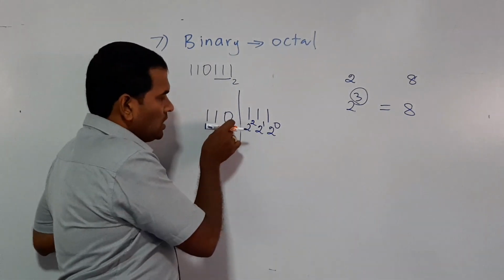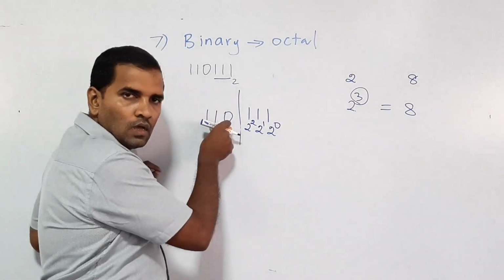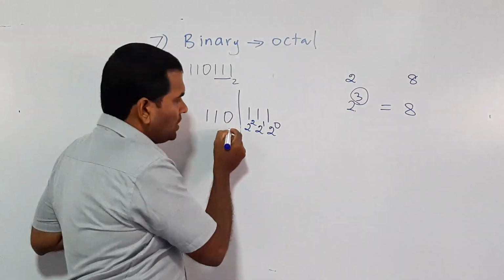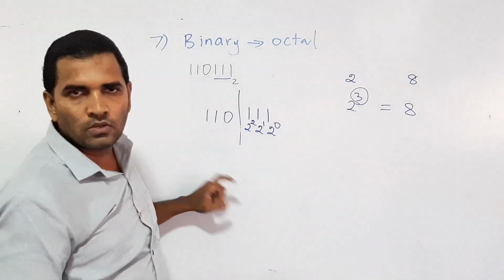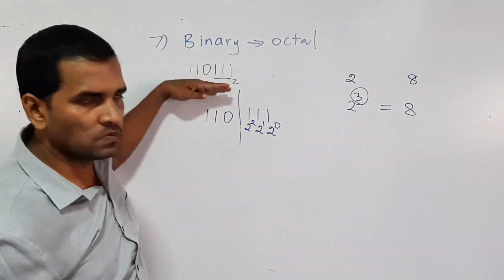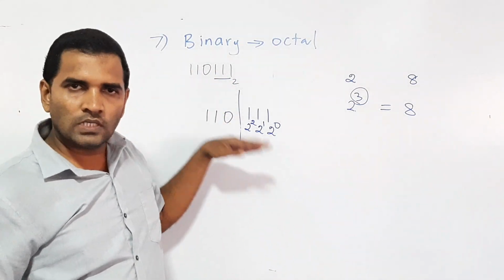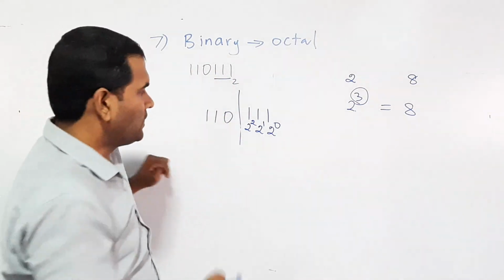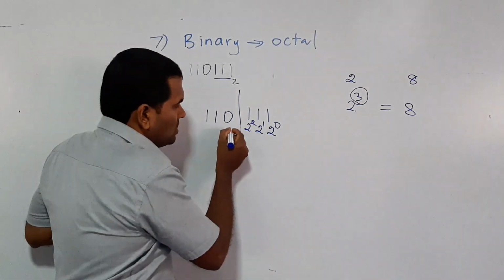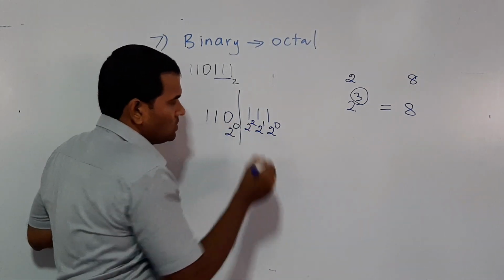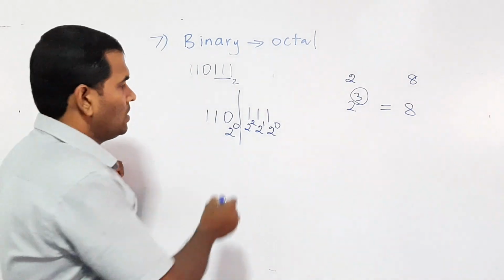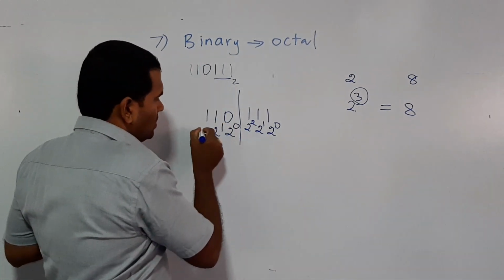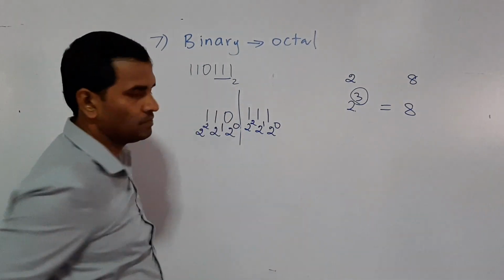As I mentioned earlier, this is another number, so you cannot write 2 to the power 3, because it's another number. Earlier it was one number, but since it is broken, it's now another number. So here it is the first digit, so it is 2 to the power 0 position. Then 2 to the power 1, then 2 to the power 2.